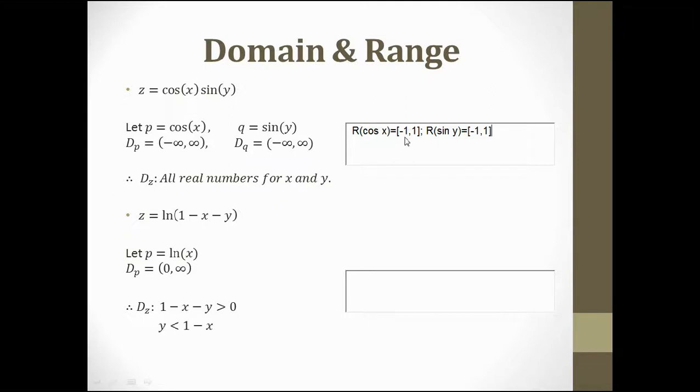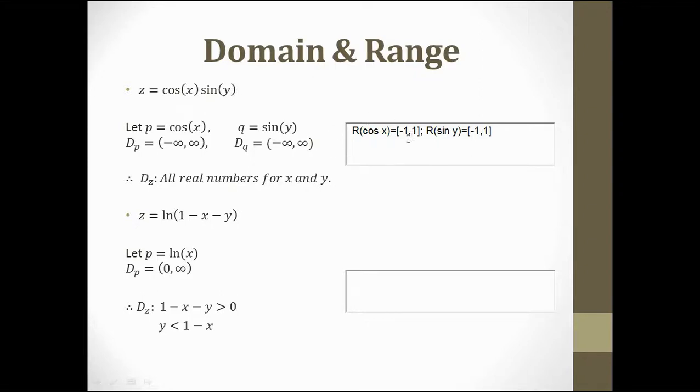Alright? So how do we find out the range of z given these two ranges? What we could do is try to take the minimum value that cosine of x could take and the minimum value that sine of y could take, and when we multiply together, maybe it could give us the minimum value of z. So let's just try that.